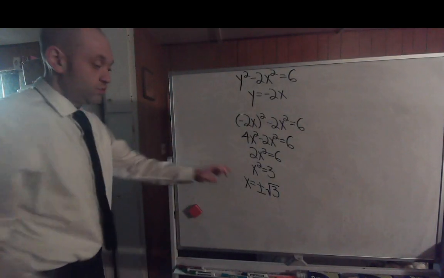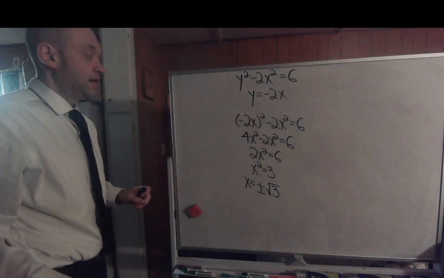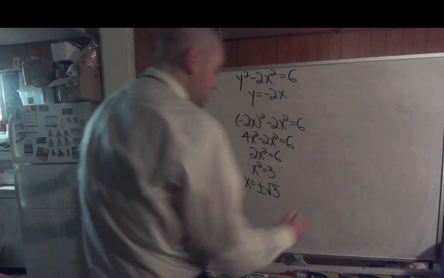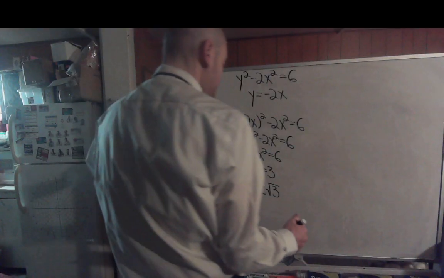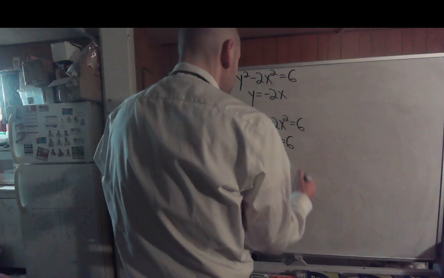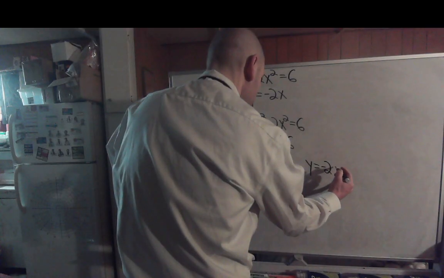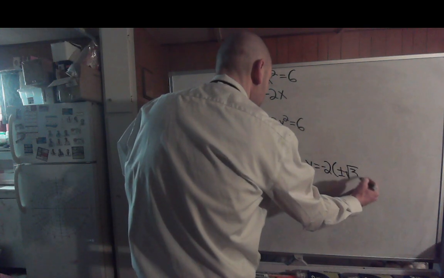So you have two coordinates for x, which means you'll have two coordinates for y. So you just put those x values in. Let's see, y would equal -2 times plus and minus the square root of 3.